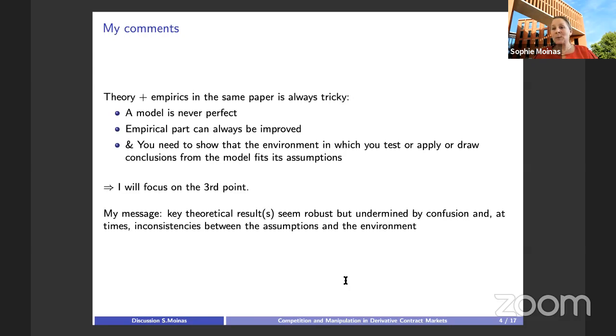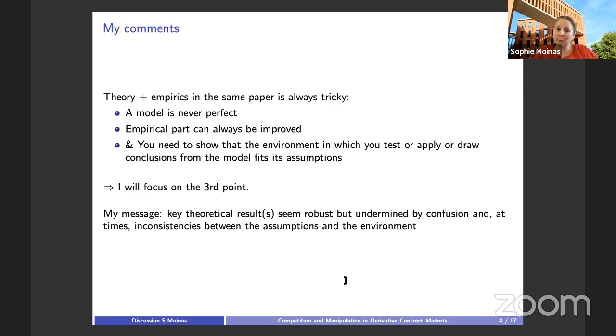What is always tricky when you have theory and empirics in the same paper, or when you want to speak to a market failure and to regulators, is that you need to address all the comments on the theory, all the comments on the empirical part, and then you need to convince people that there is a link between either the theory and the empirical part, or what the theory is advising the regulators to do, and the reality of markets.